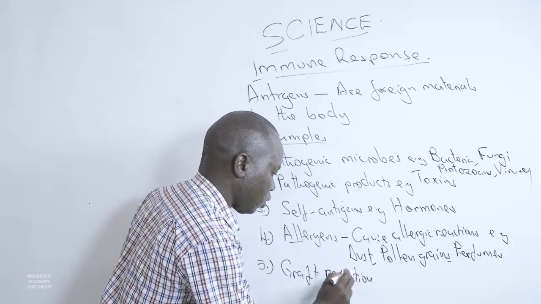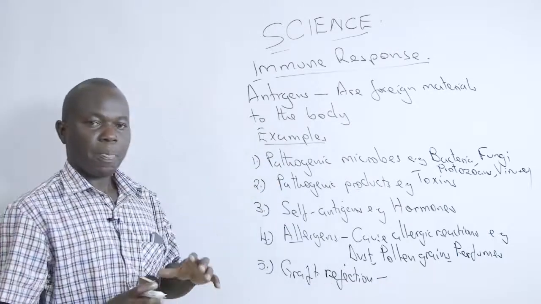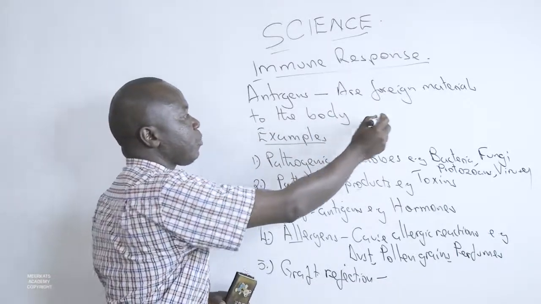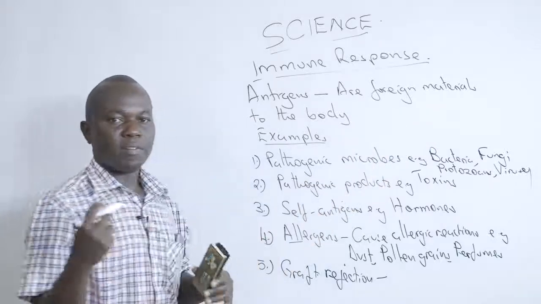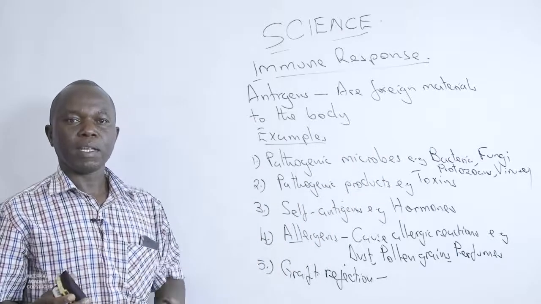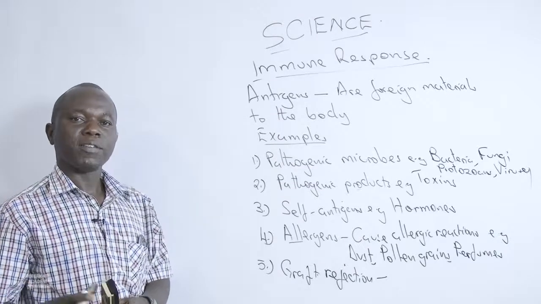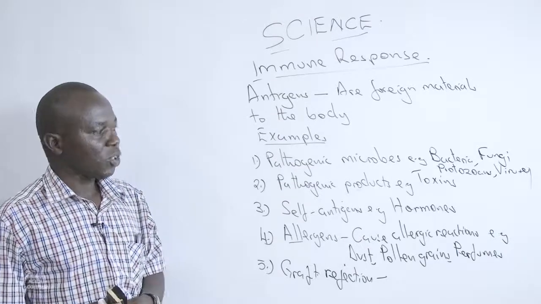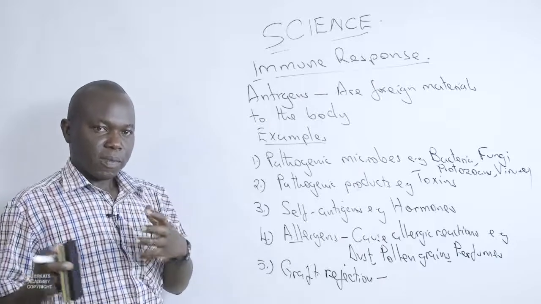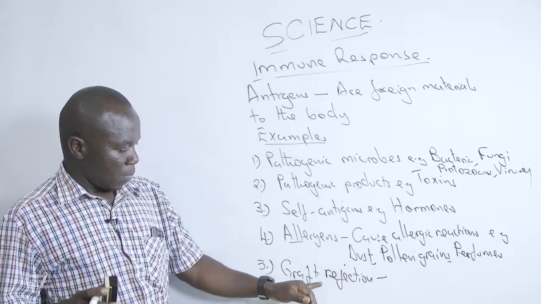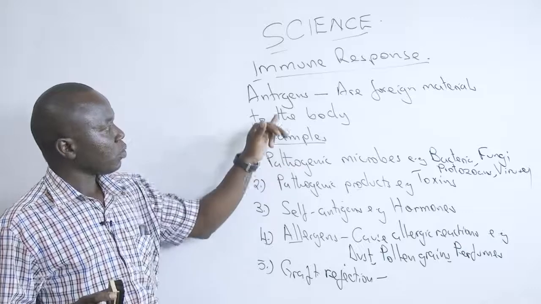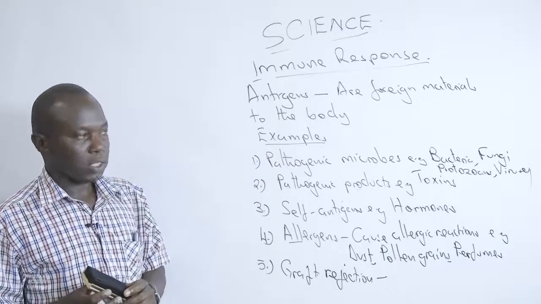Sometimes maybe you have been injured somewhere, and only a tissue has been removed. That tissue can be replaced either from another person or from the same body. So when we have graft rejection, we classify it as antigens.